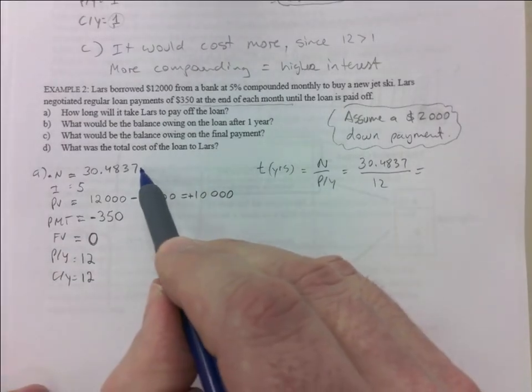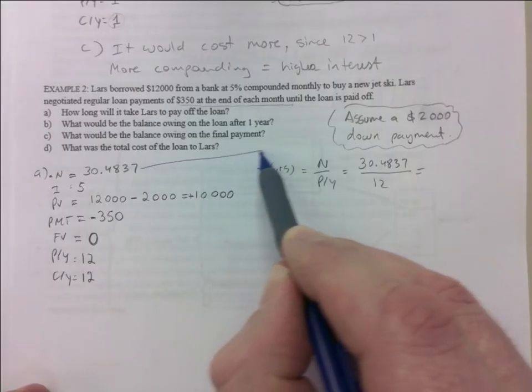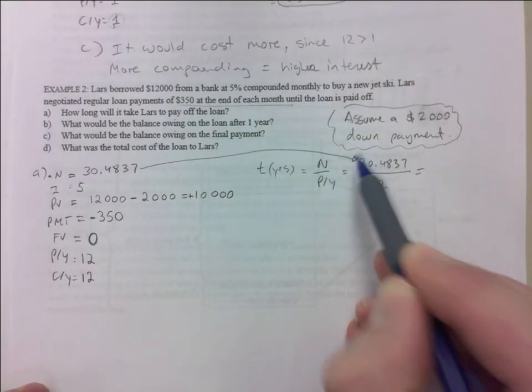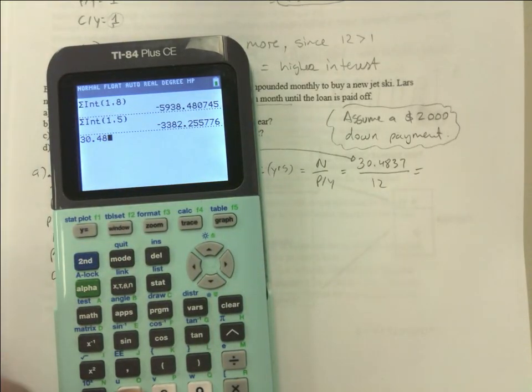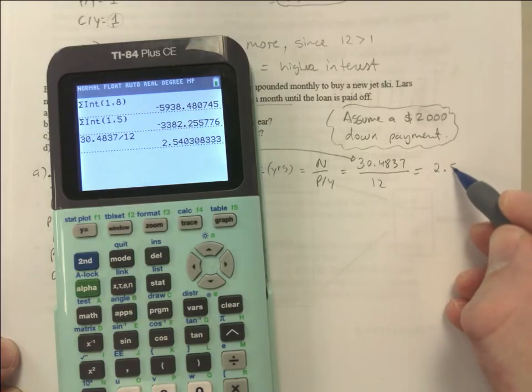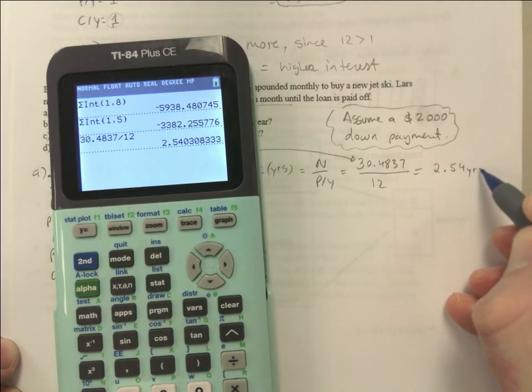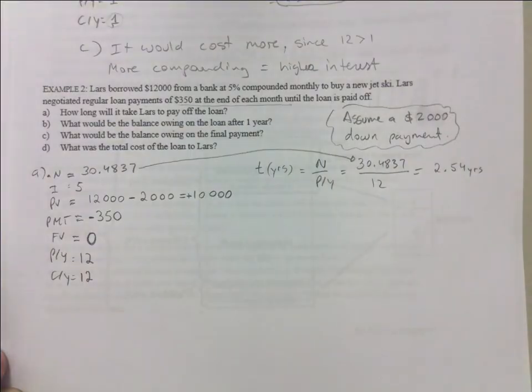So we're going to go arrow from here. That's 2.54 years. Is it okay to give the years as a decimal? Yeah, because time is continuous, right? We can break this down into months, days, and so forth.